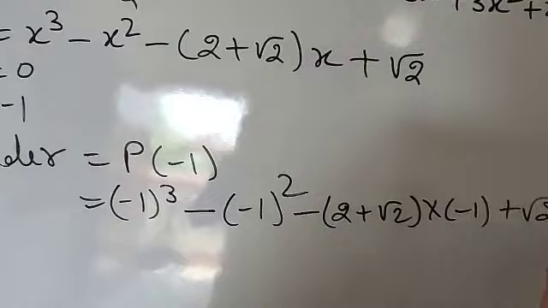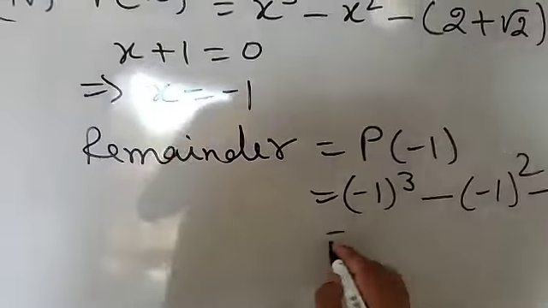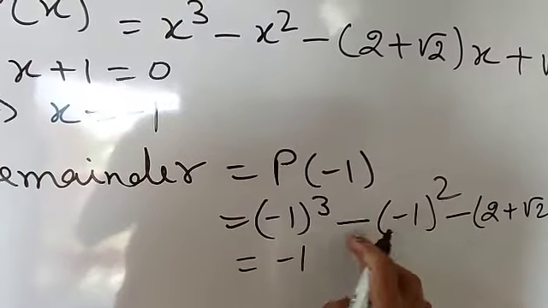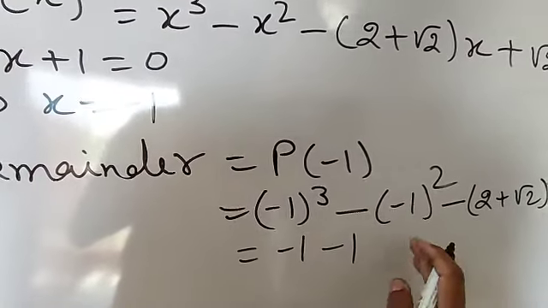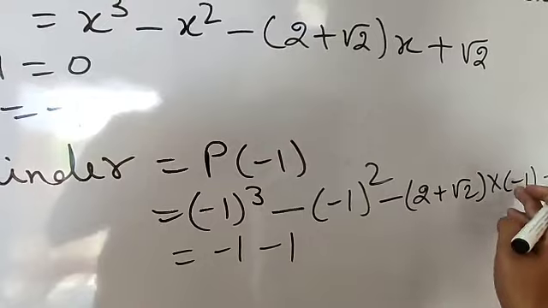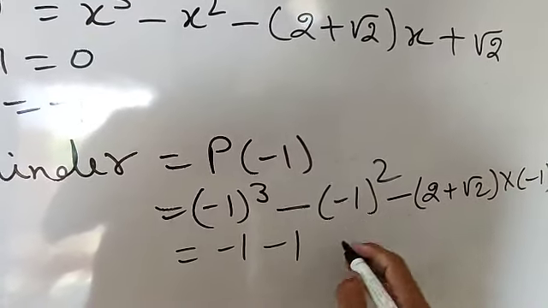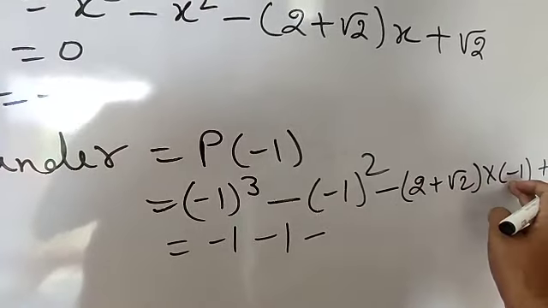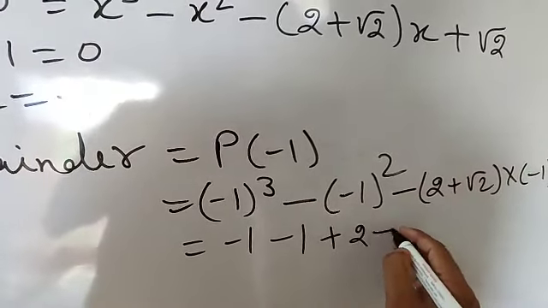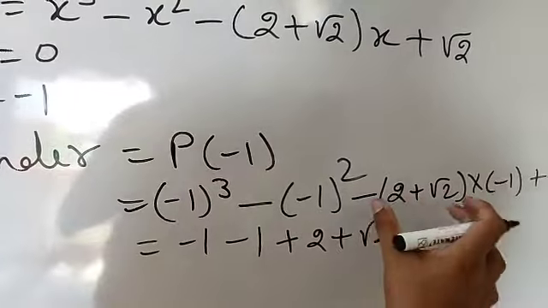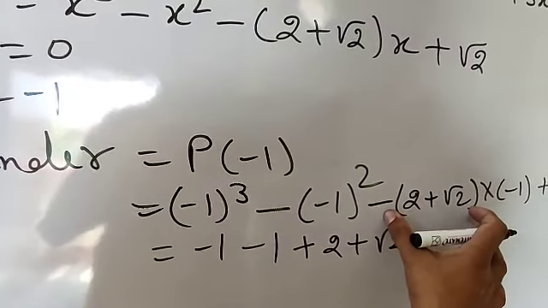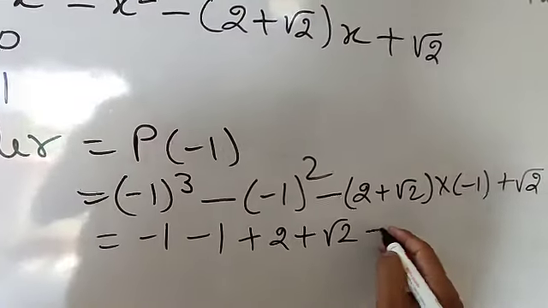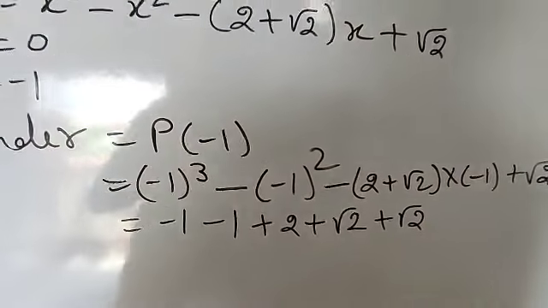Now calculate this. Minus 1 cube is -1, minus 1 square is plus 1 with the minus sign, that will be -1, and minus 1 into this value, so it will be minus into minus, that will be plus 2 plus root 2. The total value in the bracket is negative, so minus into minus will be plus 2 plus root 2, plus root 2.